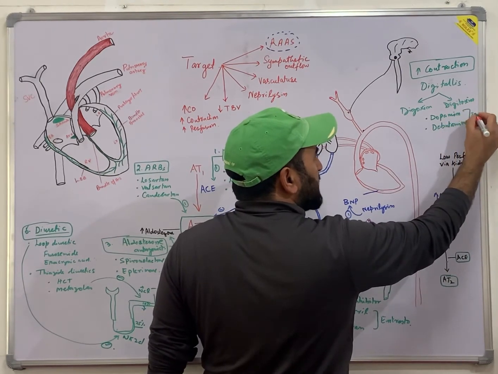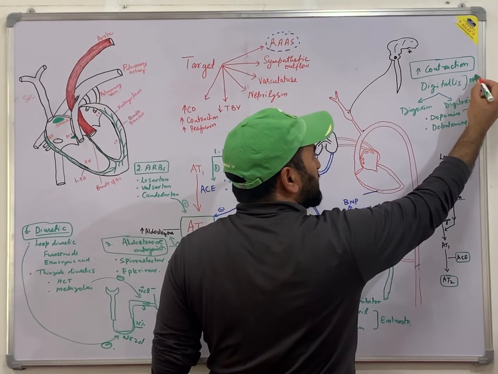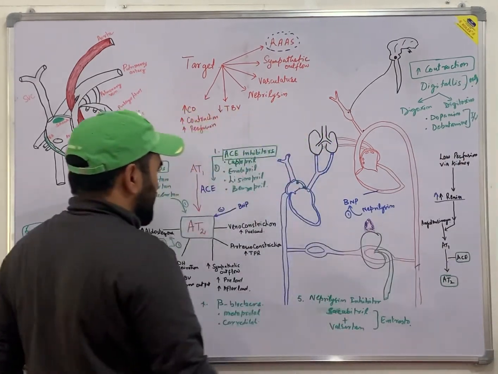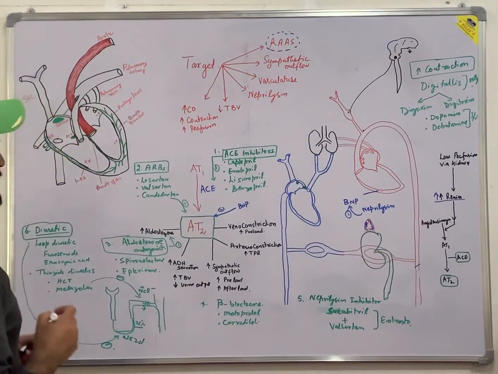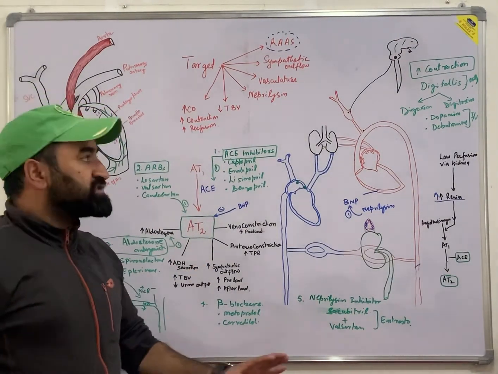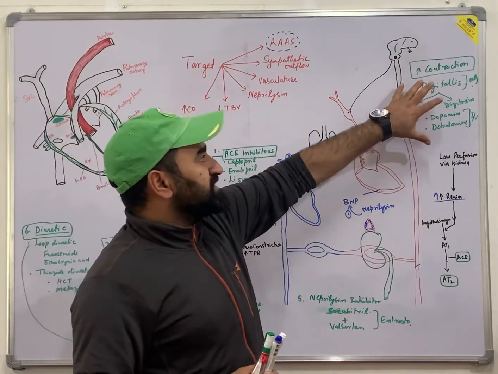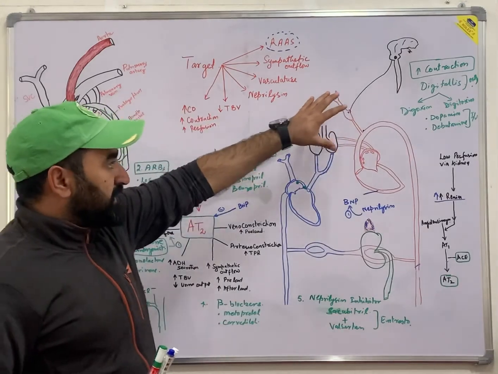These two are given IV and digitalis is given orally. Now, this is the treatment part of congestive heart failure. In the next class we are going to discuss the main part.